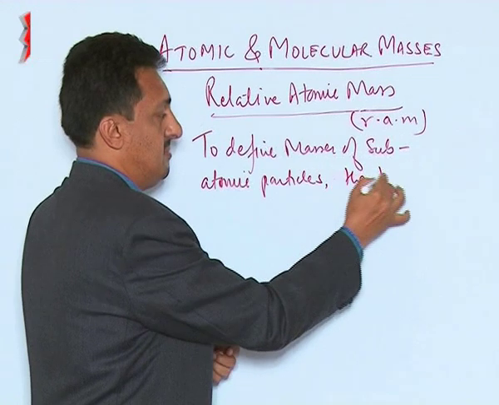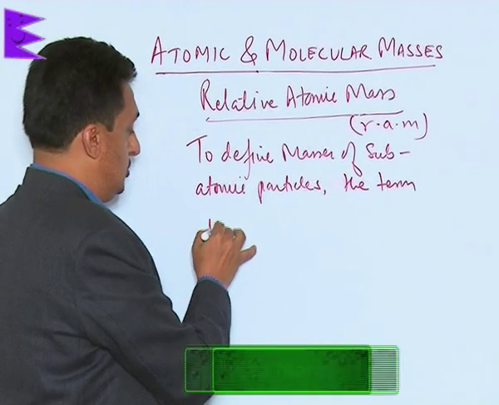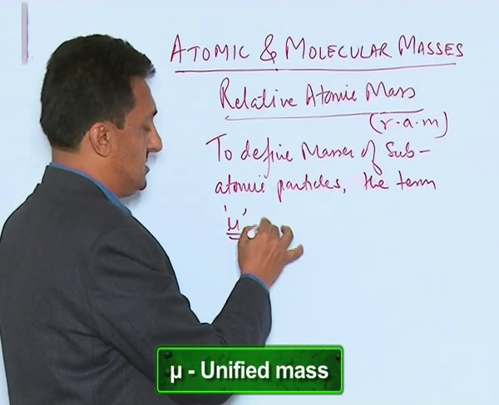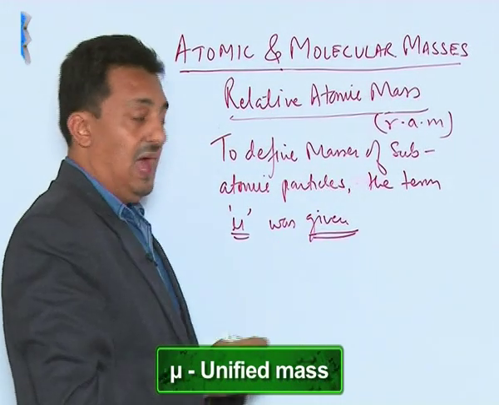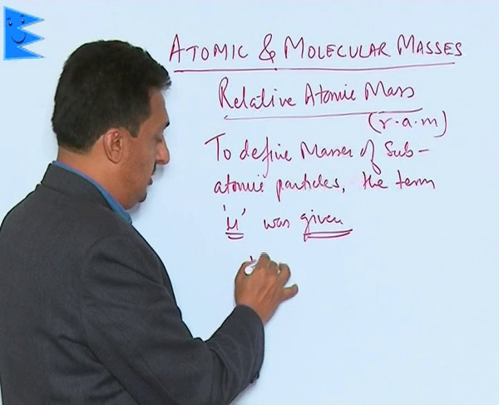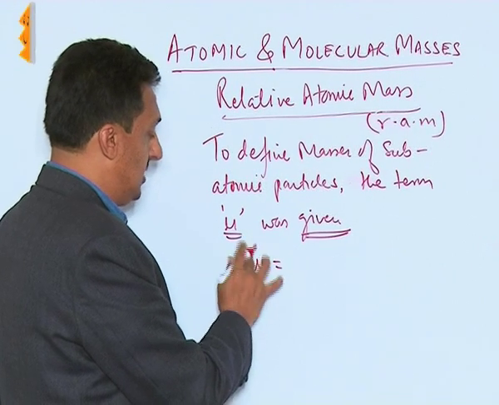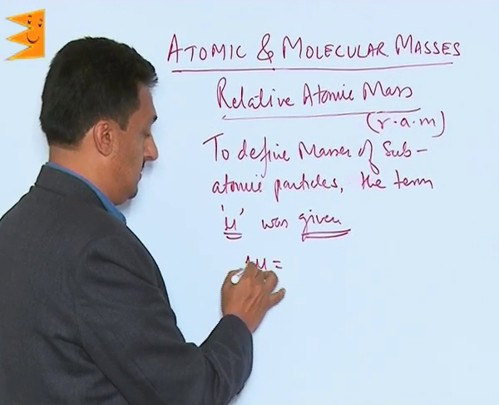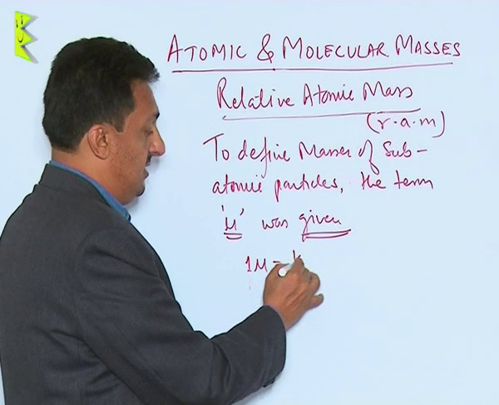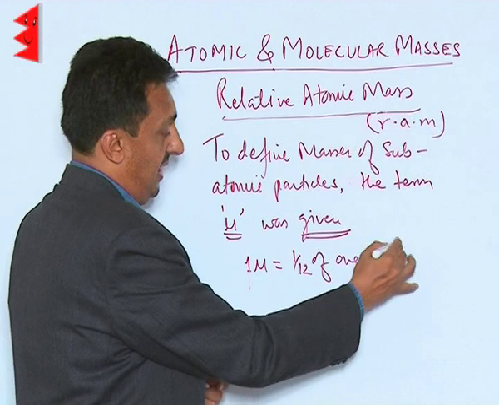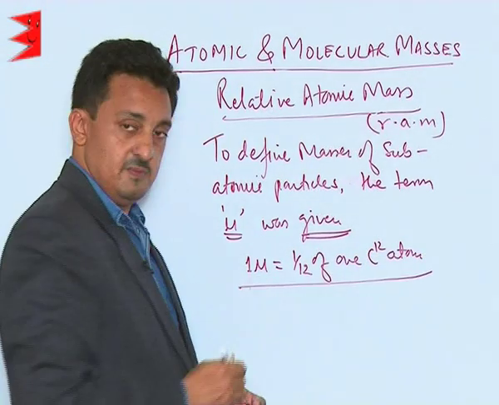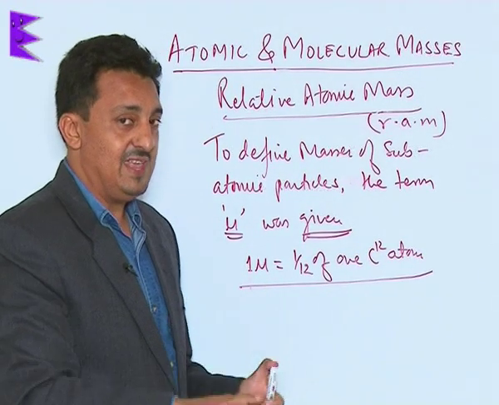The term U, which is called unified mass, was given. And we defined that 1 U is equal to 1/12 of 1 C12 atom. This we already know.